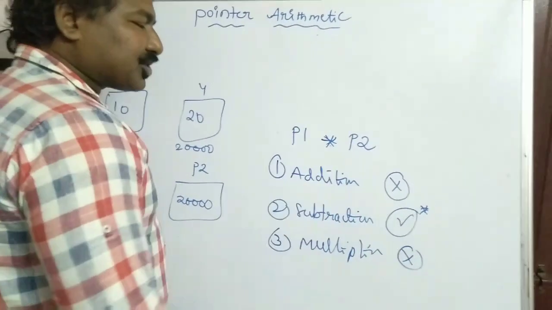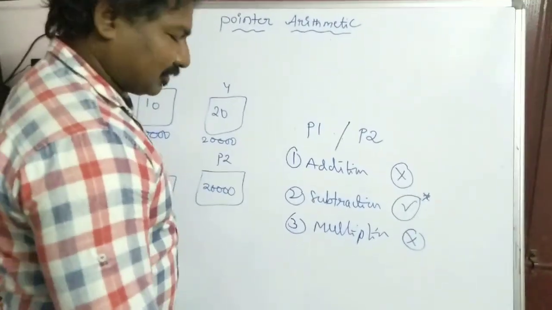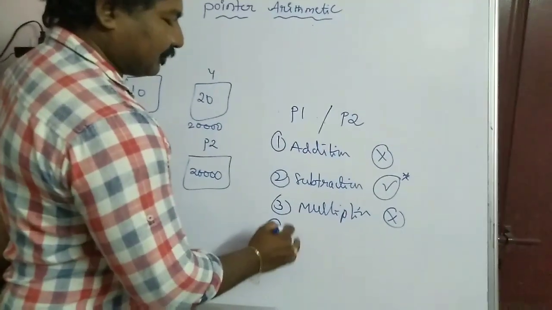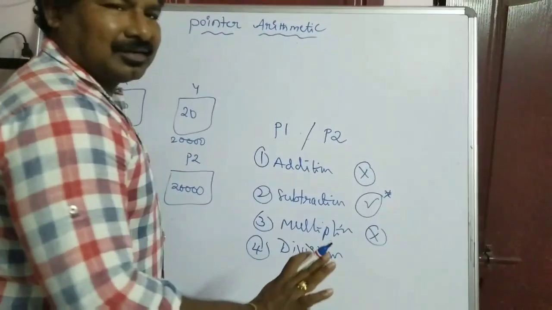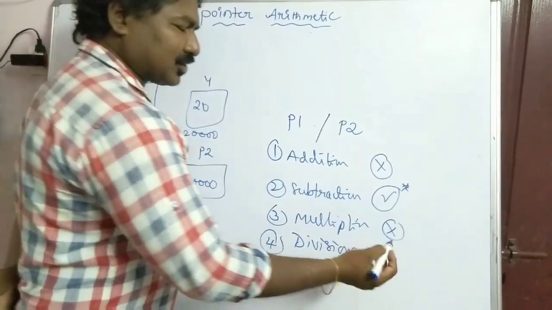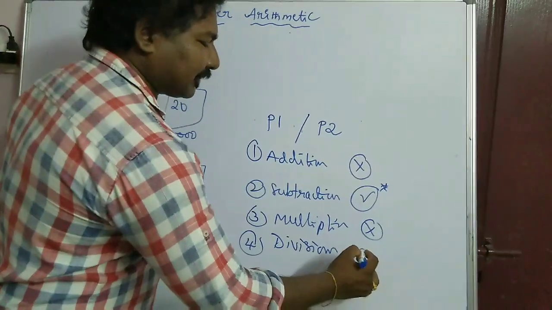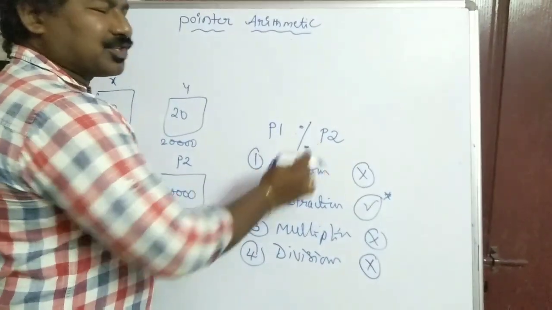Coming to division, can I divide one pointer with another pointer? You can directly find out that you cannot divide two addresses because the value does not have any significance. So this is also invalid. What about modulus division?